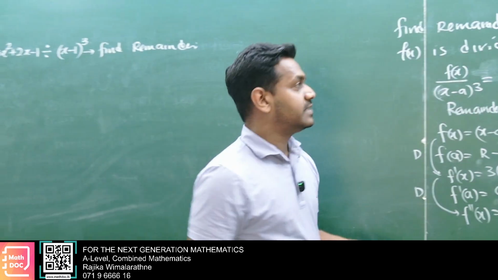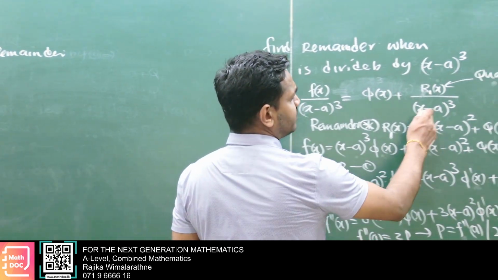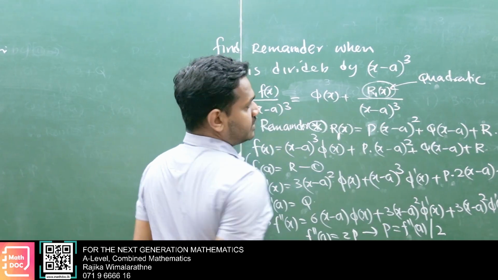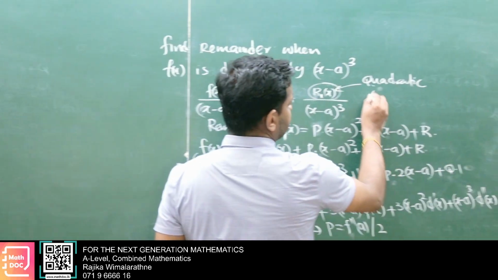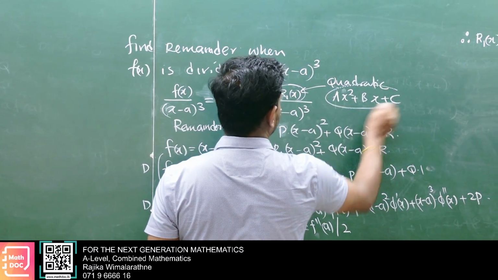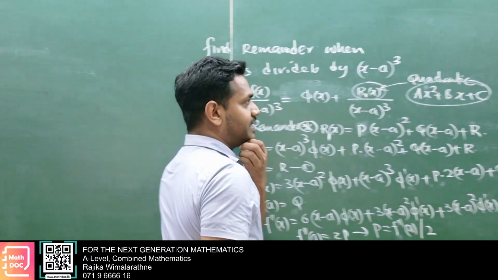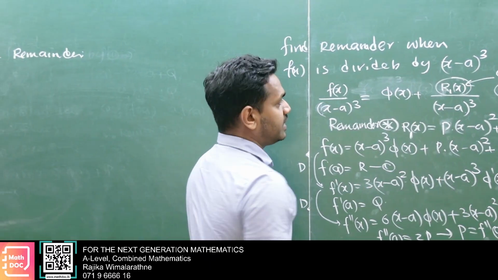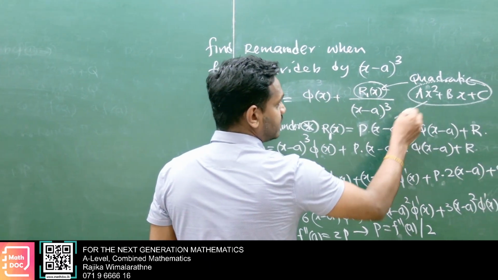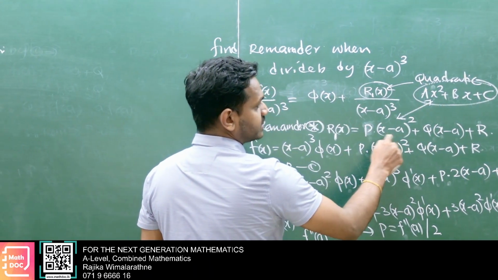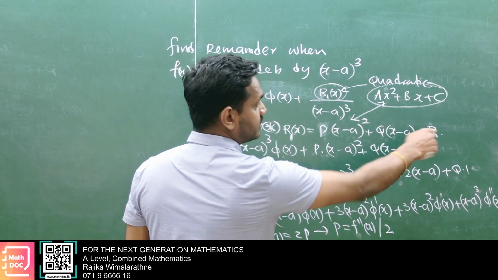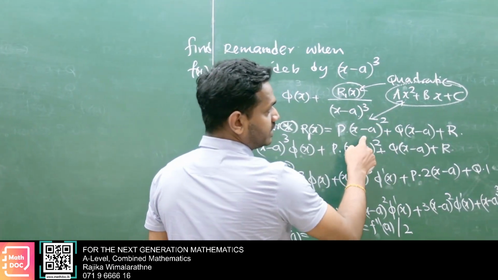Okay, before that, see this one. When we divide by x minus a cube, r1(x) will be a quadratic relation. Usually a quadratic relation we can write as ax squared plus bx plus c, this is okay for the remainder. But here we have x minus a cube, an x minus a factor. The same quadratic relation I wrote here as p times x minus a squared plus q times x minus a plus r. This is also quadratic.